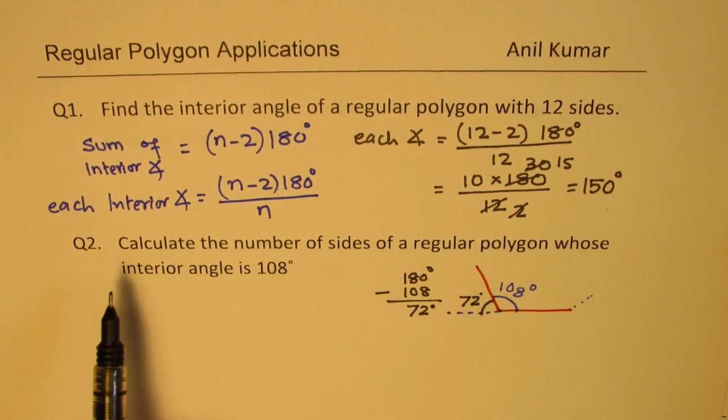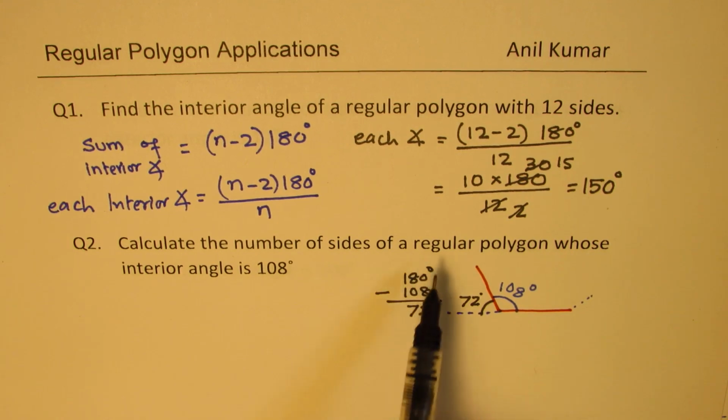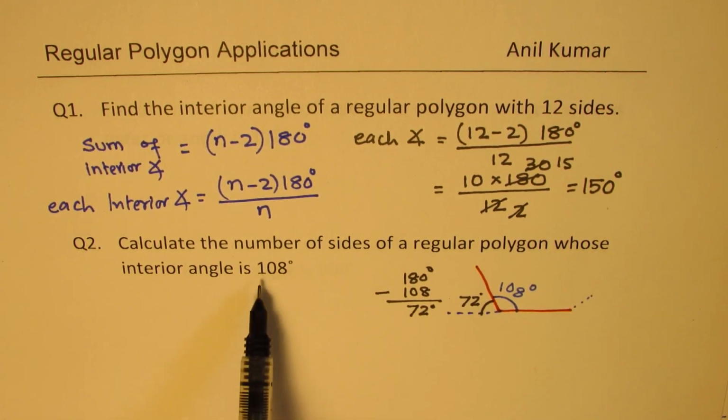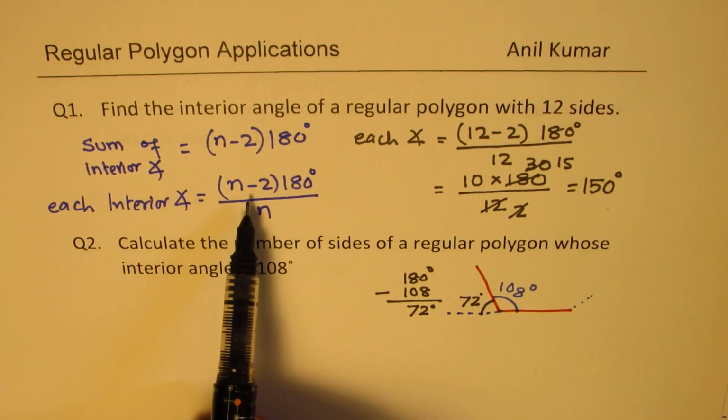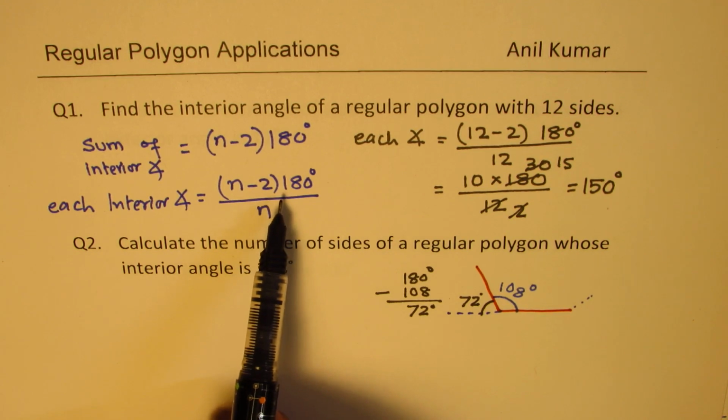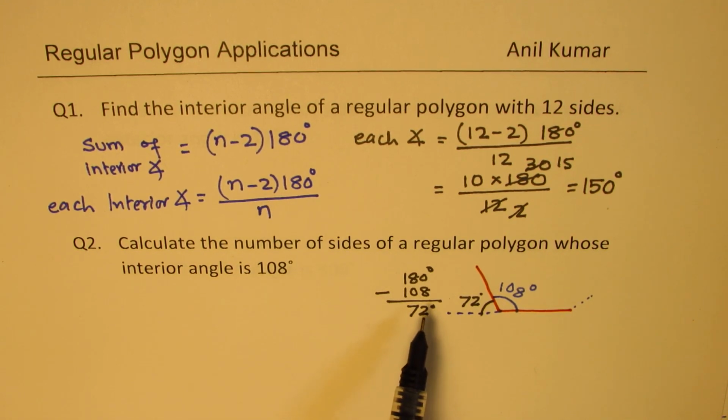Now see the question. Calculate the number of sides of a regular polygon whose interior angle is 108. So normally you will use this formula, right? You write 108 and then you have an equation to solve. Here I am teaching you a shortcut method, and that is to use the exterior angle for interior angles, right? So that is how we are trying to see it.